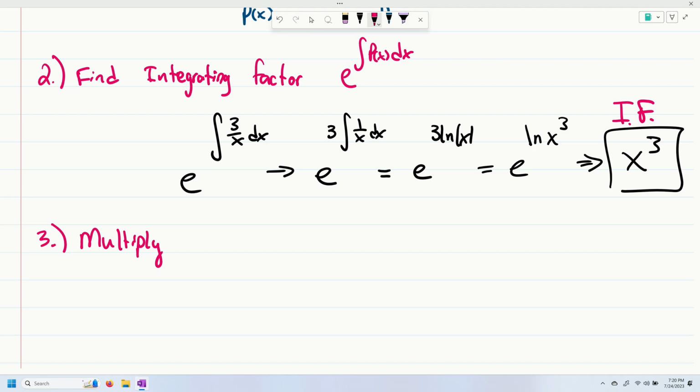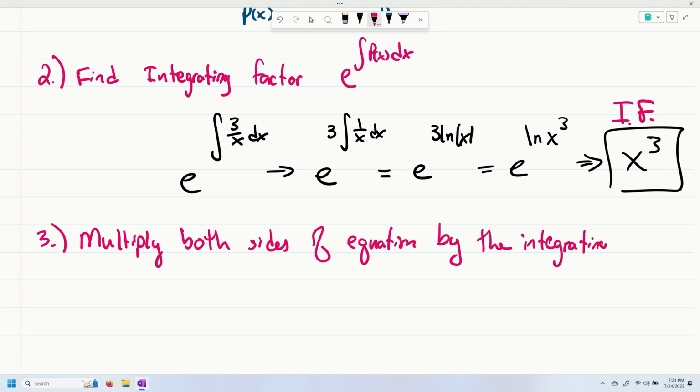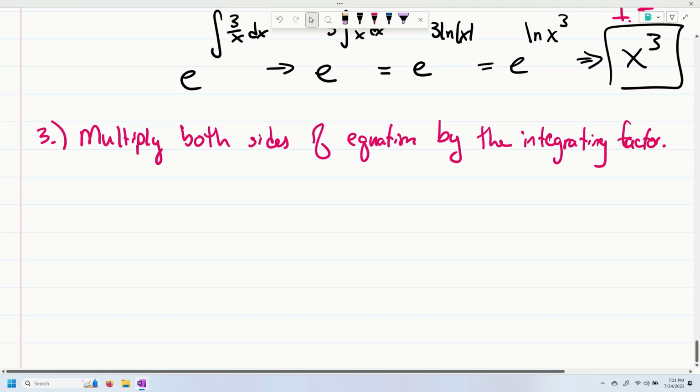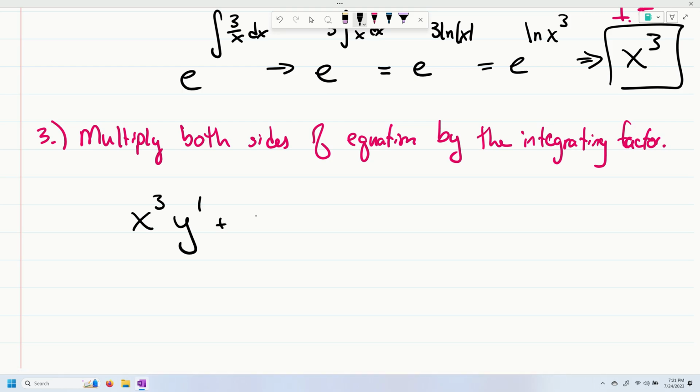We're going to multiply both sides of our equation by the integrating factor. All right. So I'm going to keep this nice and simple first. So we're going to multiply everything by x to the third. X to the third times y prime plus x to the third times 3 over x times y equals x to the third times the quantity 4x minus 3.